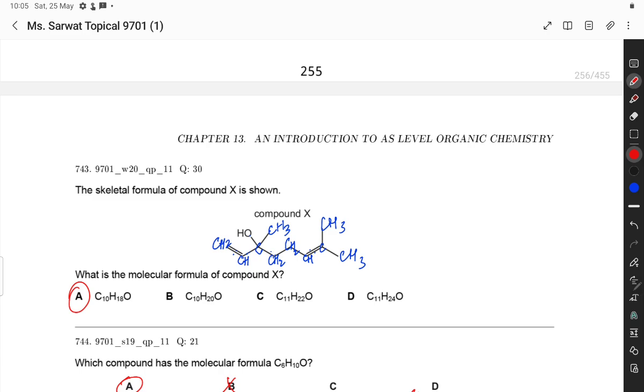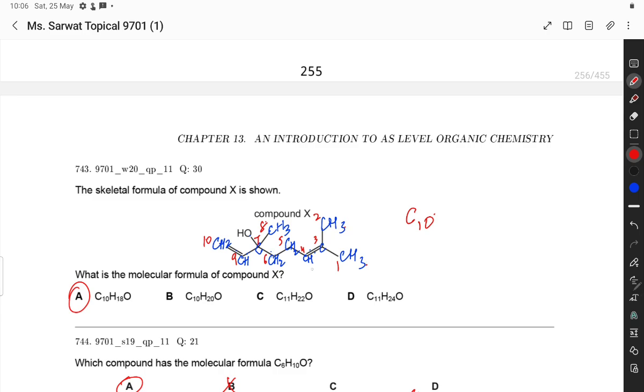Now count the number of carbon atoms: 1 2 3 4 5 6 7 8 9 and 10. C10.